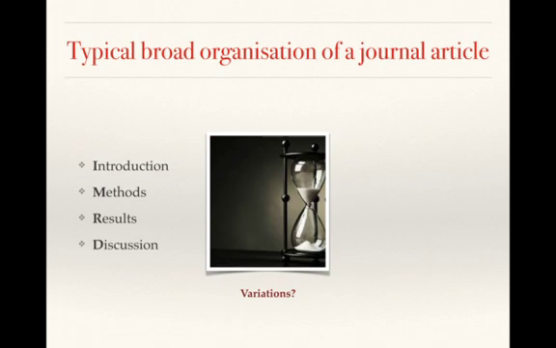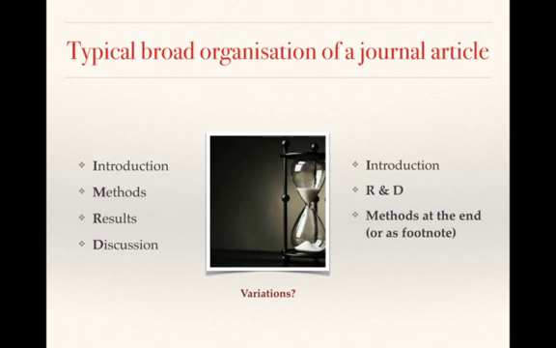Are there any variations in this broad organization of a journal article? Yes, there are loads of them depending on the journal that you are going to publish. So one thing to know is that you need to go and read the author guidelines or the manuscript guidelines and find out what exactly is allowed to go in each section and in what order each section needs to be included in your paper.